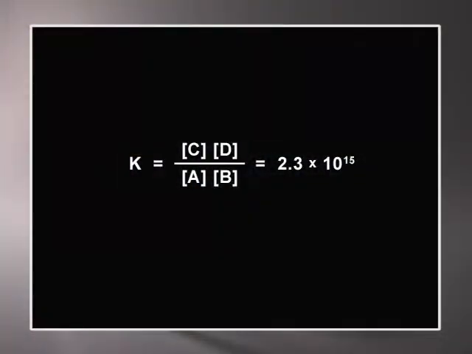Based on these kinds of statements, it is immensely tempting to come to the following kind of conclusion. And this is not a silly or irrational conclusion. This is a very sensible conclusion. If K were equal to the concentration of C times the concentration of D divided by the concentration of A and the concentration of B, and if the numerical value for K is a large number, like 2.3 times 10 to the 15th, you would be very tempted to say something like, oh, I know what that means.